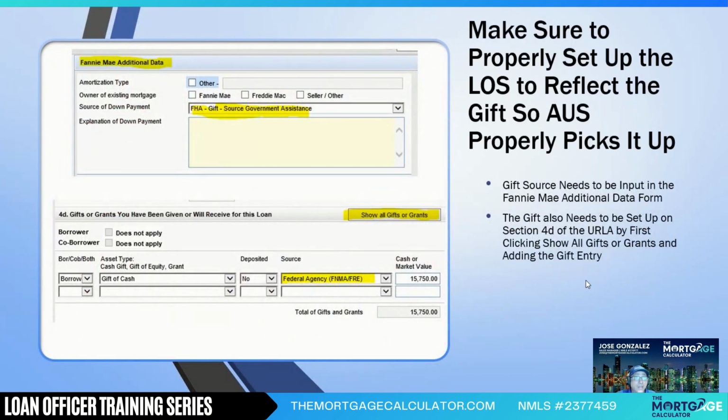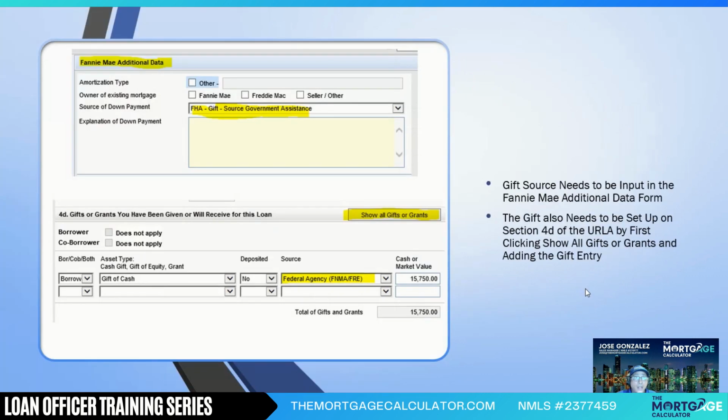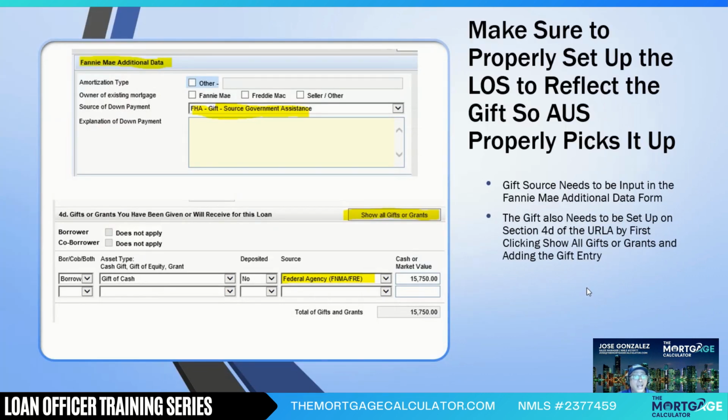So, one thing very important to note is make sure that you set the file up correctly in your loan operating system, your LOS. These are two separate sections that I put here, two separate snippets. The first one is from the Fannie Mae additional data form.